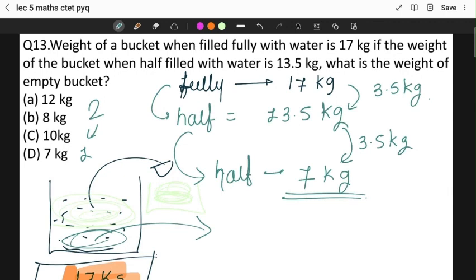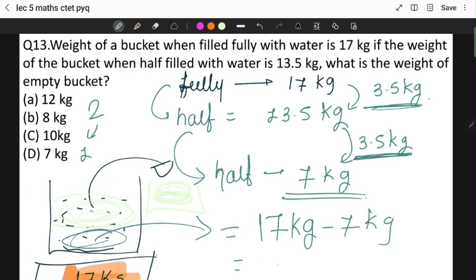Water has been fully removed, once 3.5 kg and the second time again 3.5 kg. Now the bucket is fully empty, so what will be the weight of the empty bucket? 17 kg was the bucket's weight as well as the water's weight. Minus 7 kg, then I'll get the value of the bucket only, that is 10 kg.